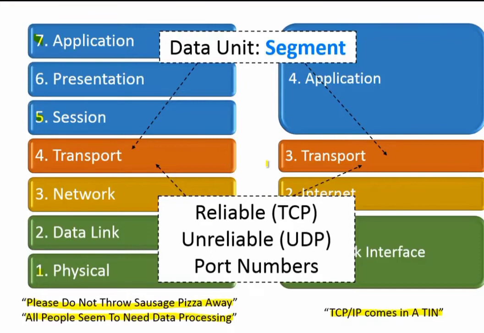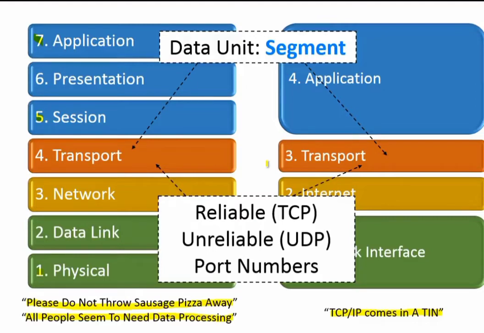Similarly, another function that is taken care of by the transport layer is to create port numbers. A port number is a number that is attached to the IP address to identify which application this information is coming from. So the transport layer creates a random source port number, and then it attaches the port number for the destination.